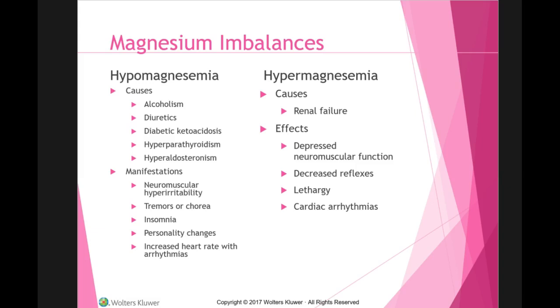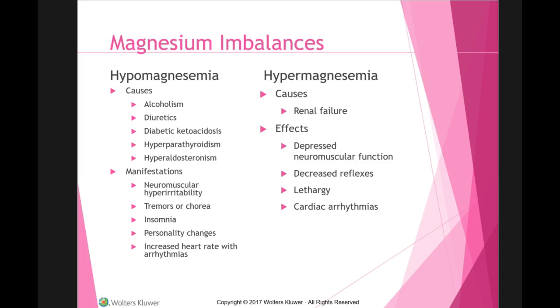Now, conversely, hypermagnesemia, one of the main causes is renal failure, and that's what you'll see most often in the clinical setting, outside of the ones that we cause by putting them on magnesium therapy for other reasons.